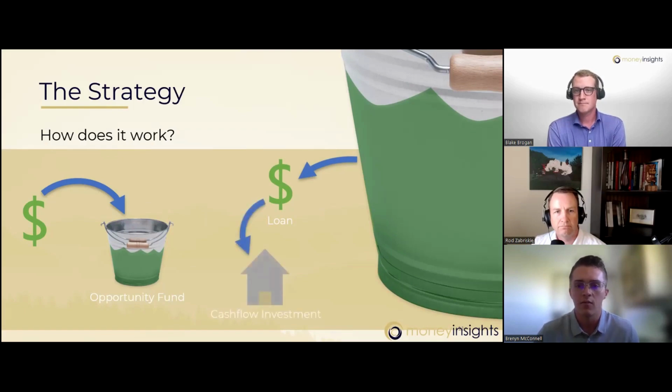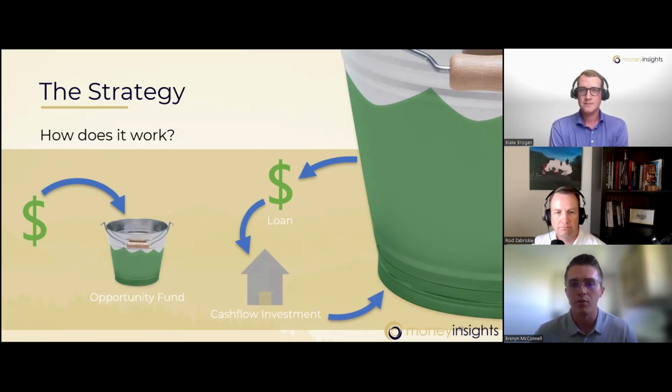We take this loan from the insurance company, put that into a cash flowing investment, and then we take that cash flow, not because we have to, but because we want to, and funnel those dollars back to repay that loan so that we can replenish our opportunity fund and be ready again to fund another deal. We're just going to repeat that process over and over again.